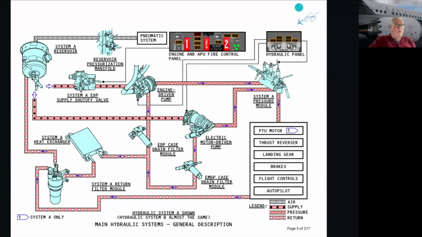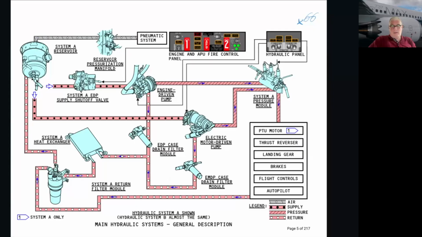Just have a look at all the components. We start with a reservoir, the system A reservoir, and if you look at the legends, we have a pressurized tank with air from the pneumatic system pushing the liquid down to prevent cavitation. Then the black dots are the supply.